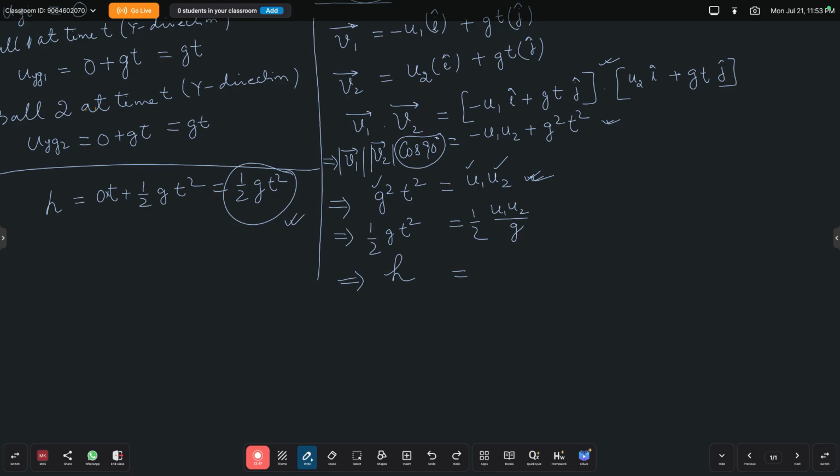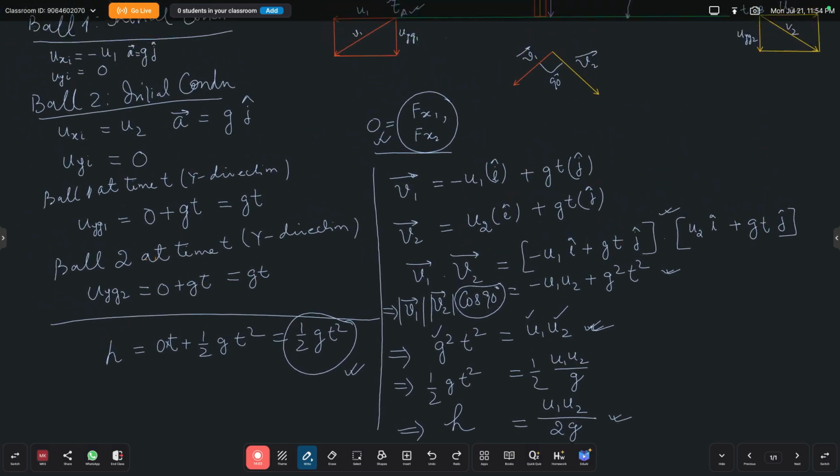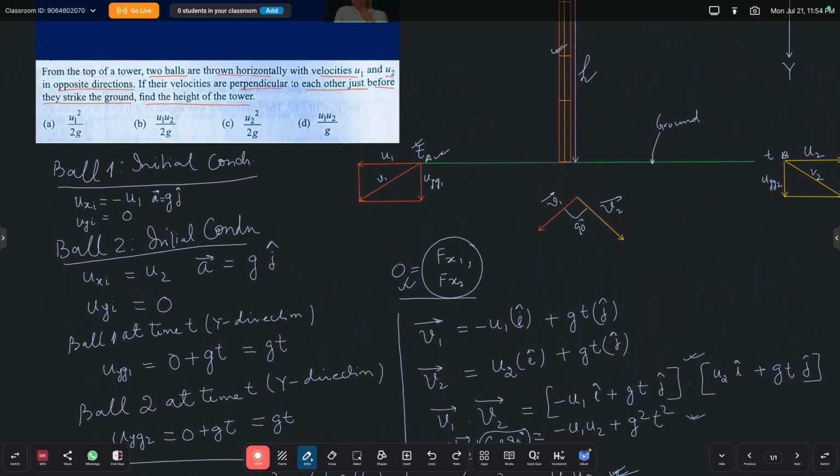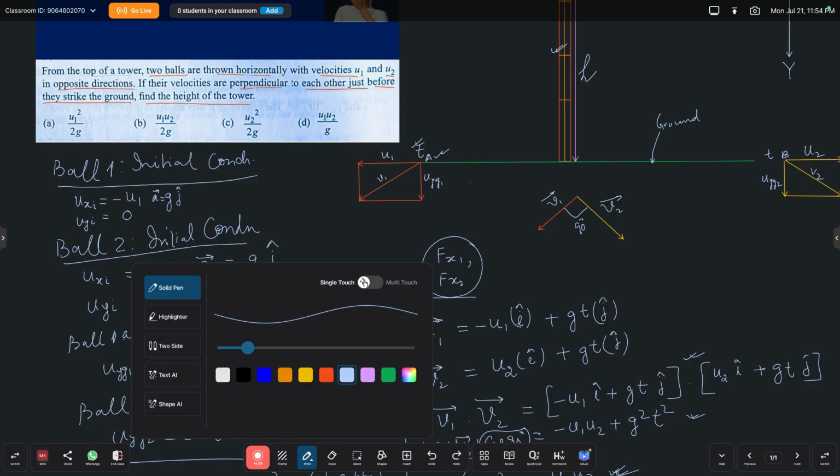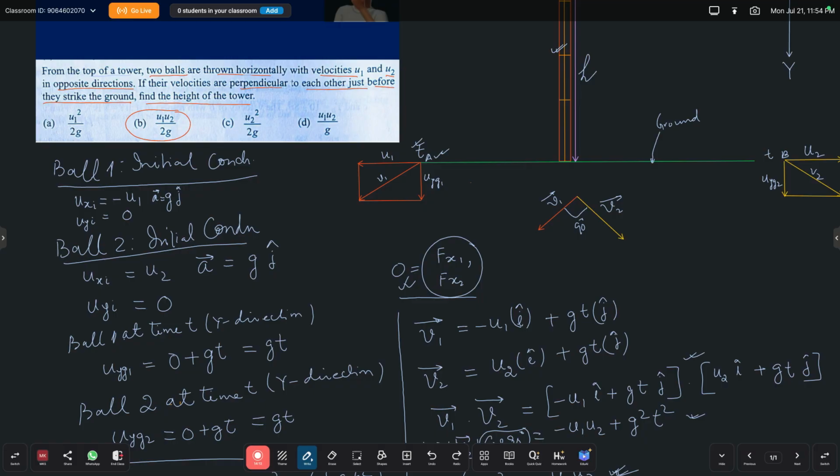So u1 u2 by 2g will be your height of the tower. You can go and check the options in the question. This is the correct option, and we can write this as the answer.